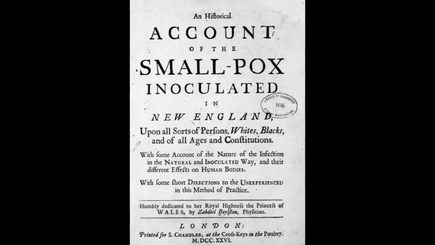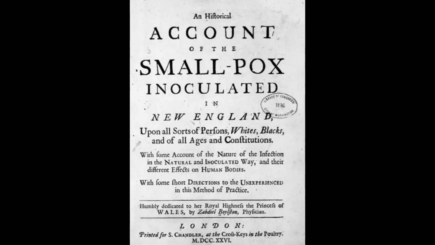Ten years later, in about 1716, Onesimus shared some information with his master. He basically described the process that his people used back in his home in West Africa that is called variolation.